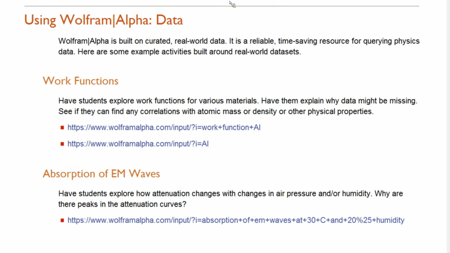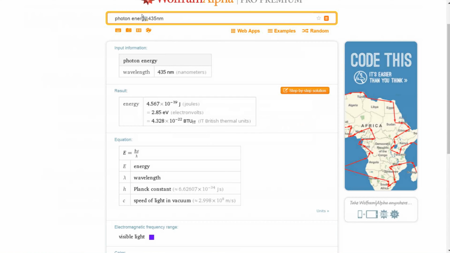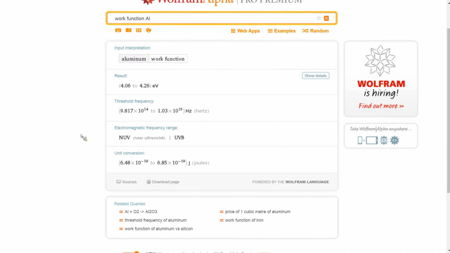One example I like is with work functions. So you can look up, say, the work function of aluminum. And it'll say, here's the result. Notice that it's a range. And that means that the threshold frequency is a range.